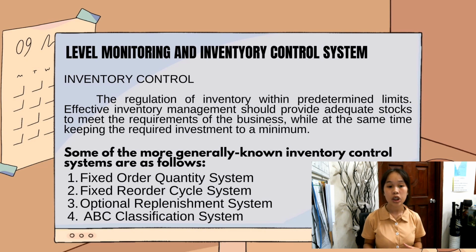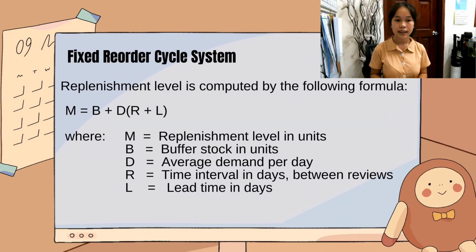An example of the application of this type of control is the two-bin system, under which a reorder is placed when the contents of the first bin are used up. Another approach used in determining the reorder point is by adding the average demand during the lead time and the buffer stock.